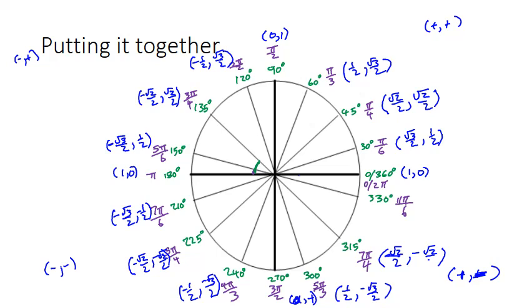Remember that this one had a 30 degree reference angle, just like how we had a 30 degree reference angle here. So it's going to have the same values, but we're just going to change the signs. So it'll be positive radical 3 over 2 and negative 1/2. Because again, in this quadrant, it's positive for the x values and negative for the y values.